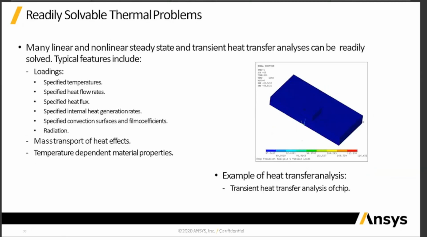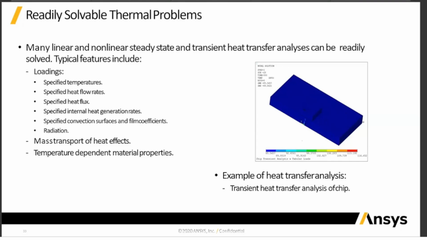Again, there are some thermal problems which can be solved. Many linear and nonlinear steady state and transient heat transfer analyses can be solved. Loading may be a specified temperature or heat flow rate, specified heat flux, internal heat generation rates, convection surfaces or film coefficient, radiation.